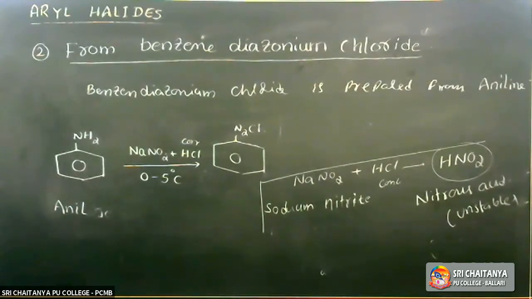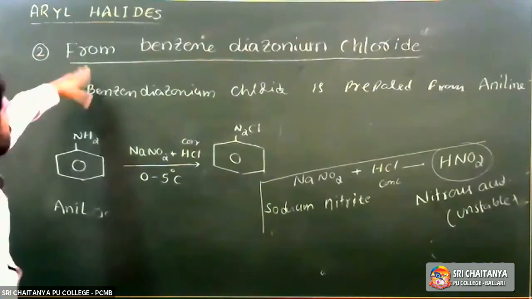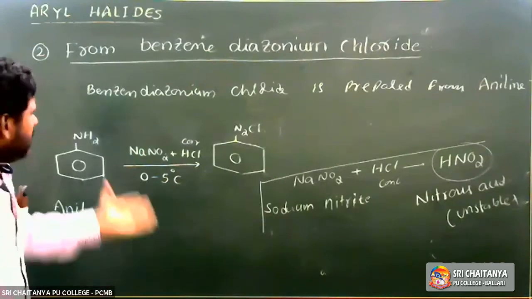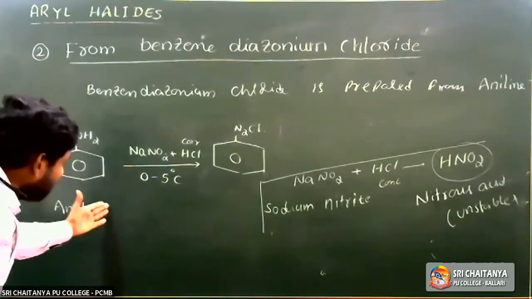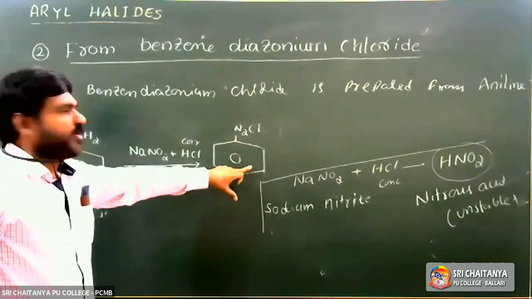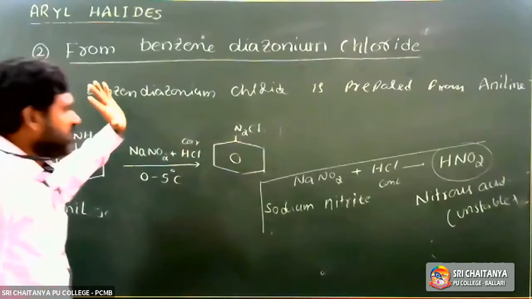The method of preparation of benzene diazonium chloride is also important. The first step is preparing it from aniline. First we prepare benzene diazonium chloride, C6H5N2Cl.